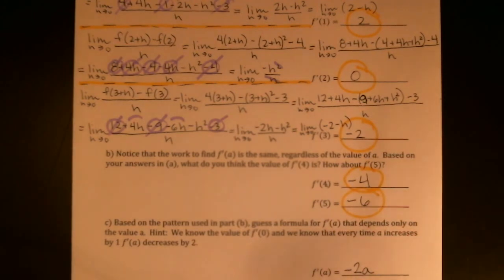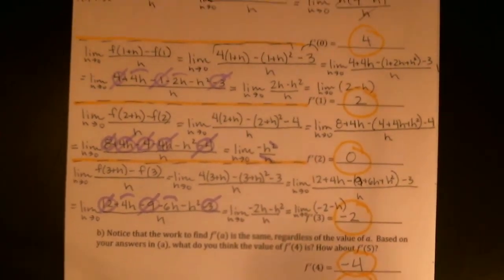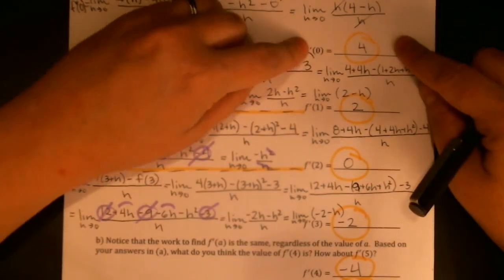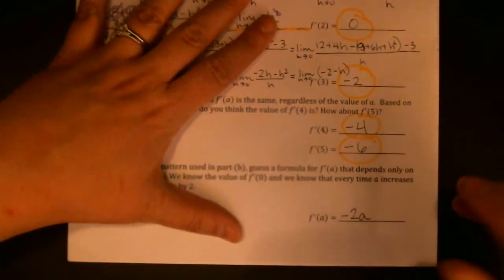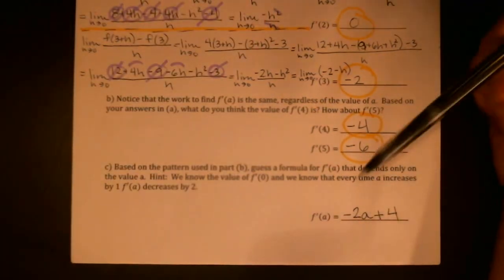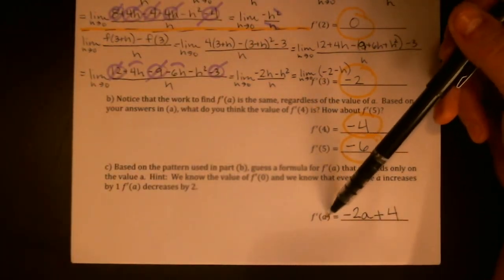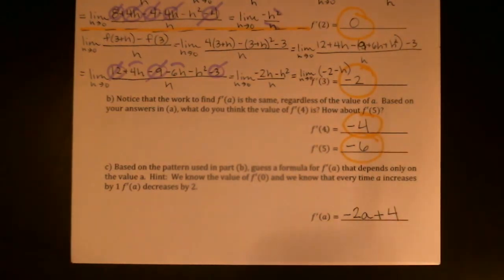And if this is really a linear pattern, the other piece of information we need is a y-intercept. And we, in fact, have that up here at the top. We know that when we input a 0, f prime outputs a 4. So we can describe this pattern that we're seeing as whatever a we pick, f prime of that a is negative 2a plus 4.